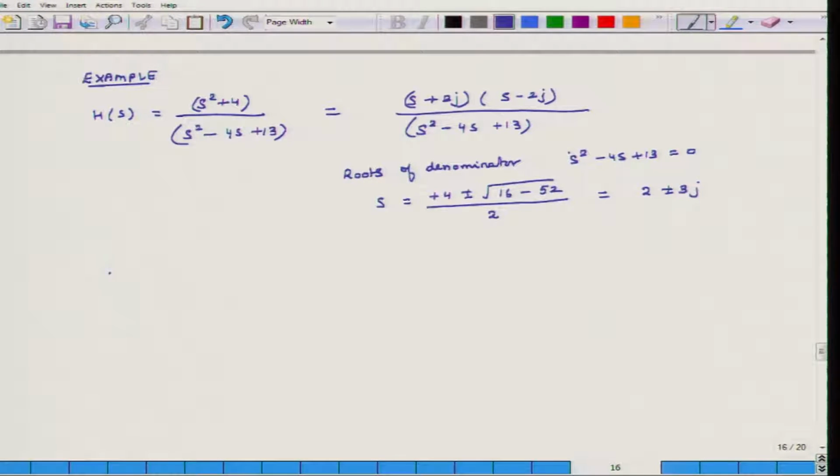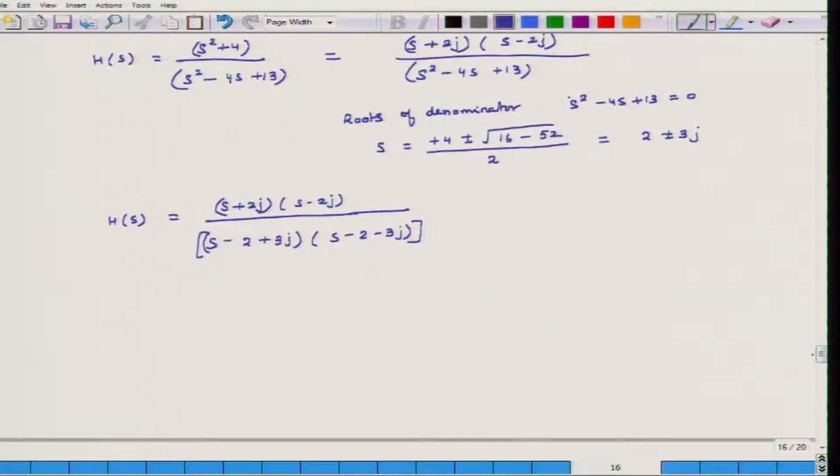So, the function becomes H(s) equals (s plus 2j)(s minus 2j) divided by (s minus (2 plus 3j))(s minus 2 minus 3j).